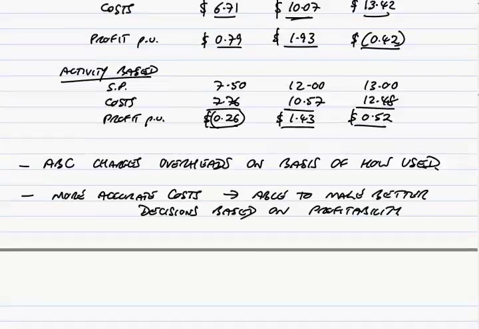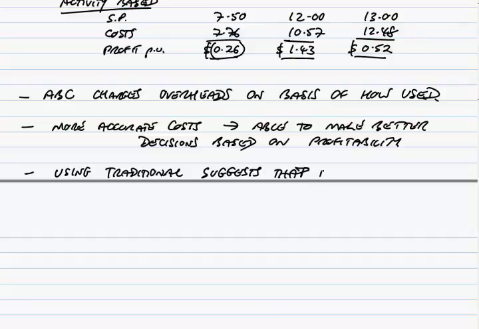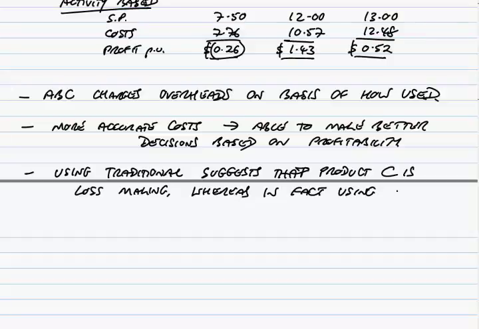And let's illustrate it with our example. On our example, using traditional approach suggests that product C is loss-making, whereas in fact, using activity-based, it is A that is loss-making.